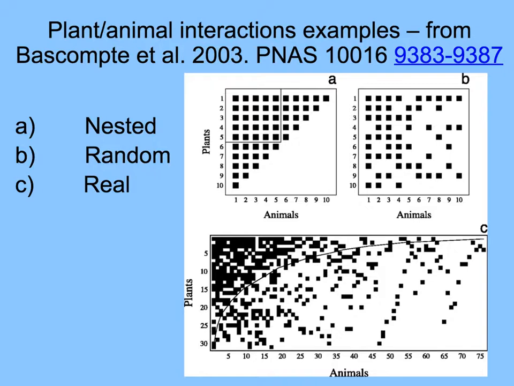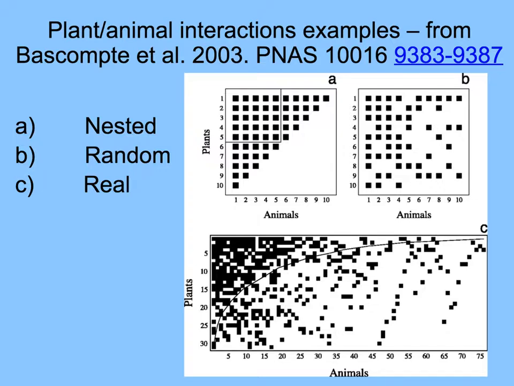So you can see on the left, that is a nested situation of communities, whereas on the right in B, things are not so orderly. And on the bottom is more what you might expect in reality.